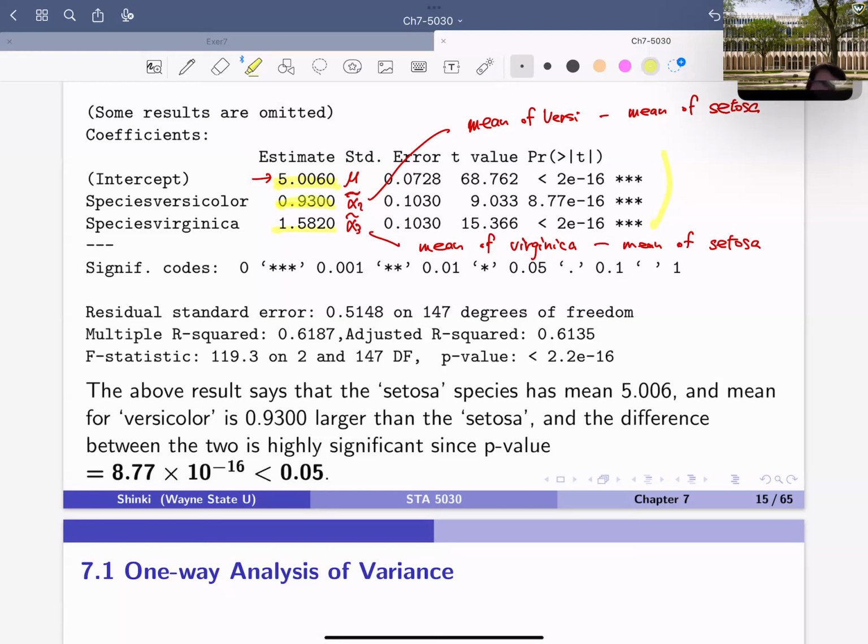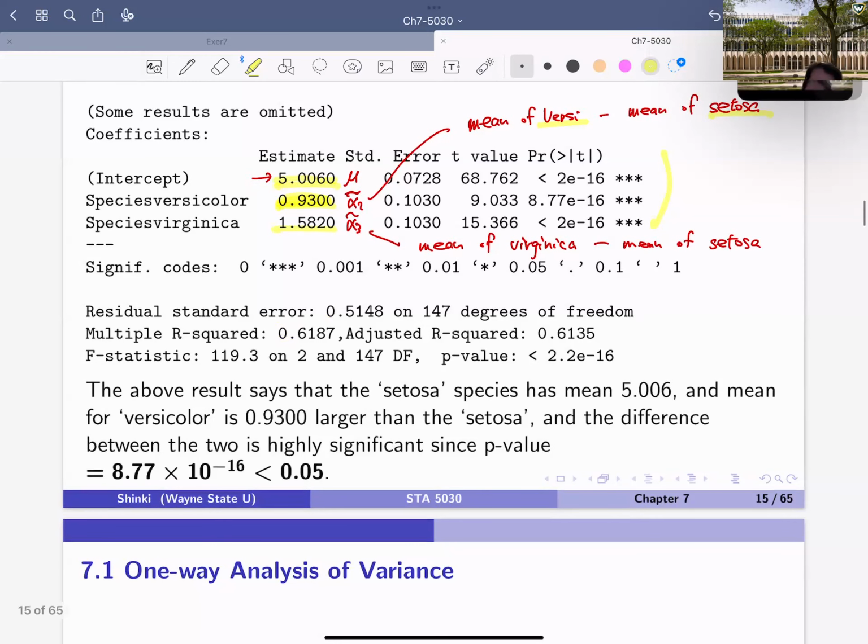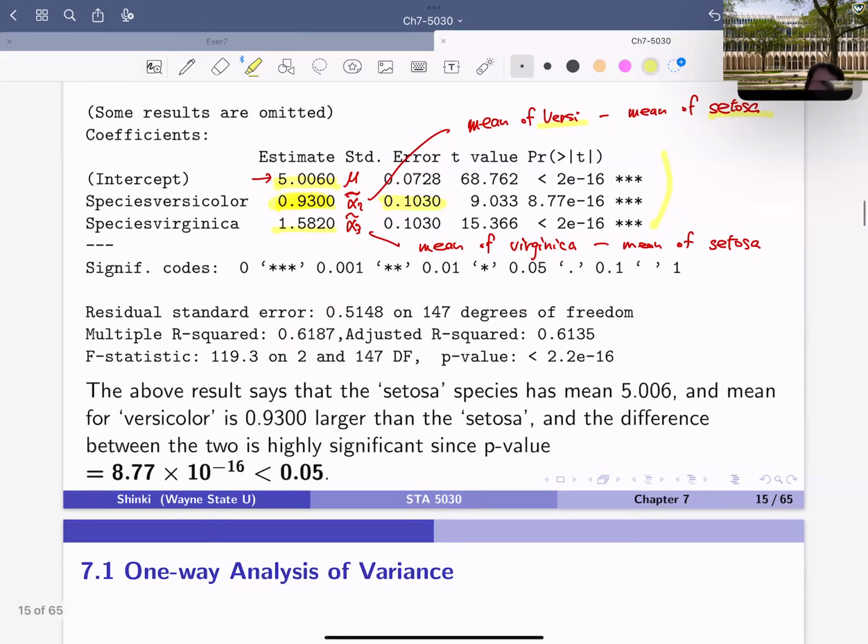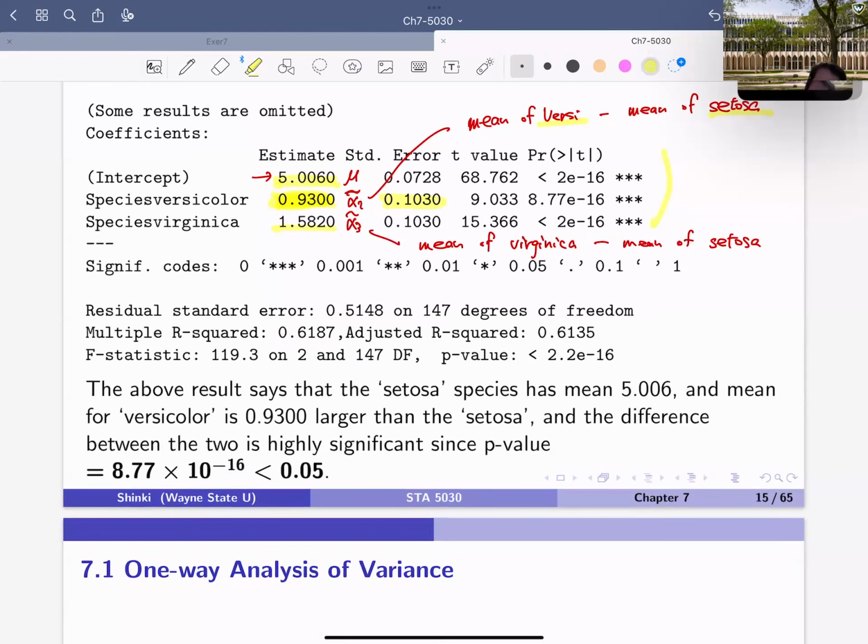But the second one has a non-trivial result. The Versicolor and the Setosa actually have different means. And this difference, 0.93, has a standard error of 0.1. So certainly it's larger than 0. 0.93 plus or minus 0.1 is always positive.